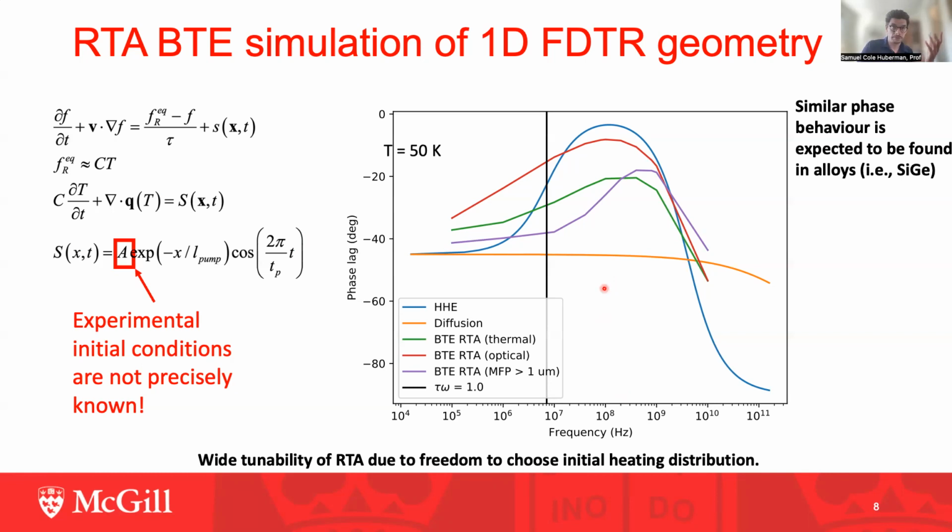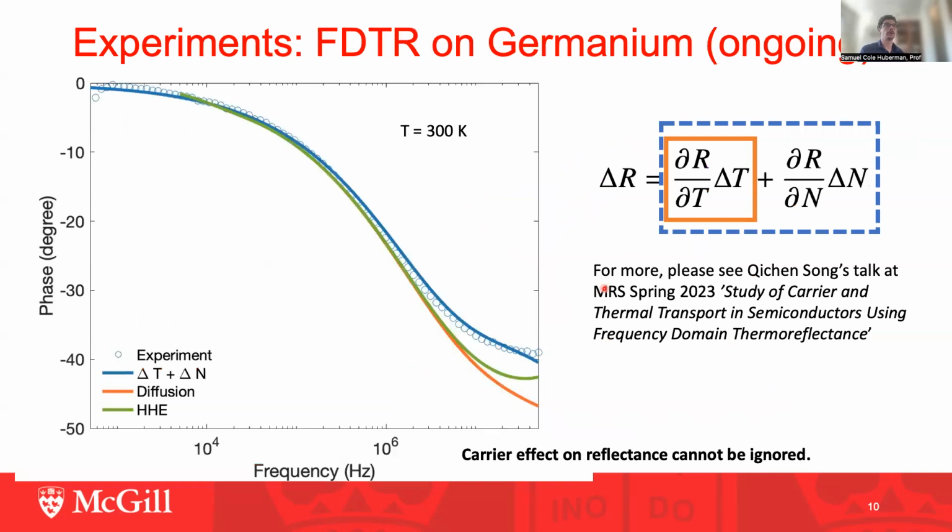So we have this theoretical discussion about the question of second sound, but we've also begun our own experiments using FDTR on transducerless germanium. What we're observing at this point in time is that the diffusion solution or the hyperbolic heat equation alone is not enough to explain what we're observing, but rather one must include the impact of carrier population and its contribution to the reflectance signal.